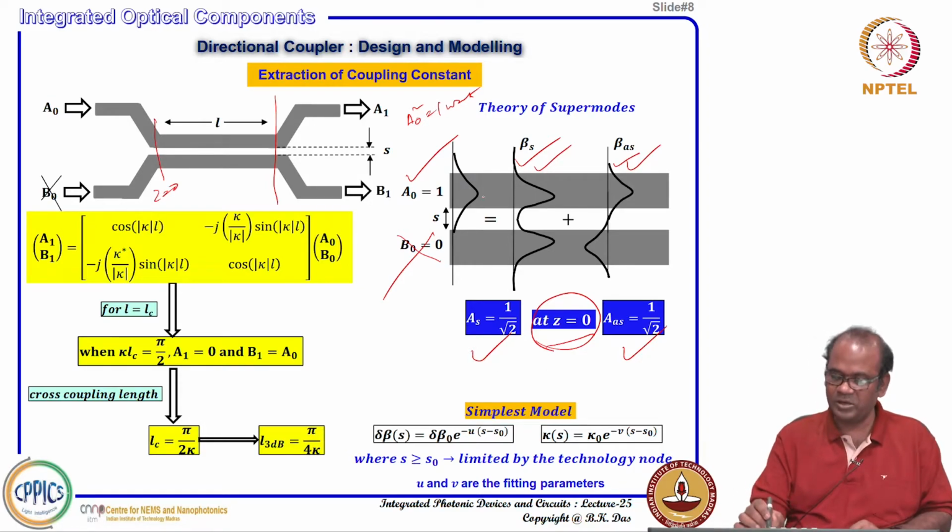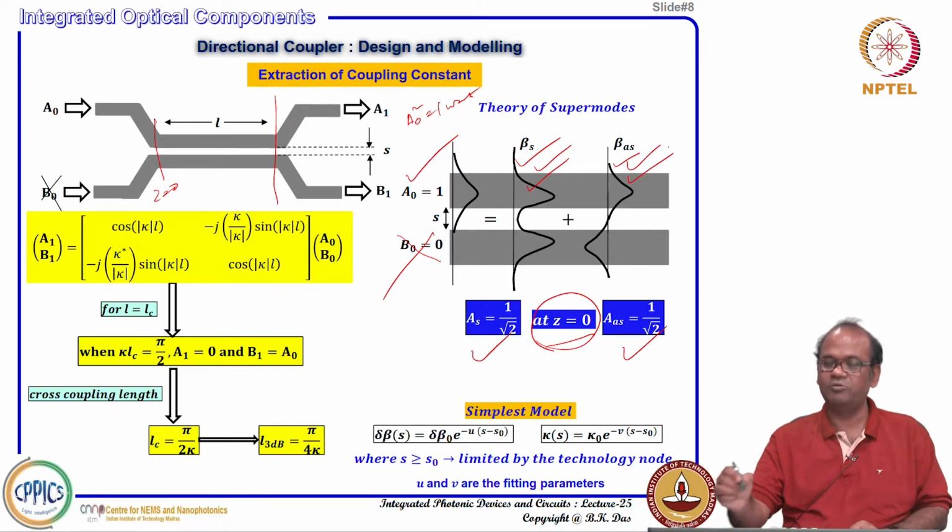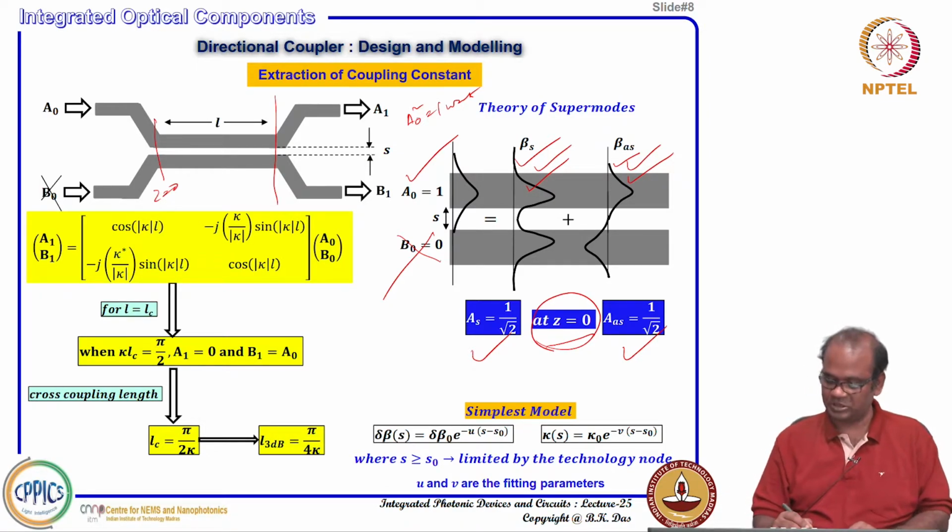That means 50% of power will go to the symmetric mode and 50% of power will go to the antisymmetric mode. All these symmetric, antisymmetric solutions we have discussed in the last lecture.